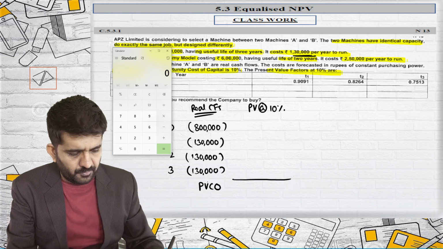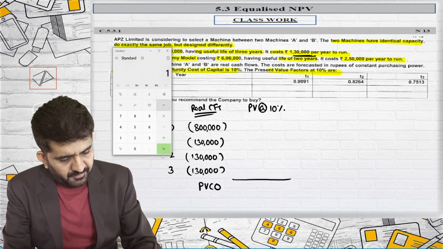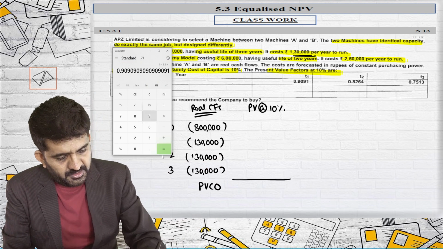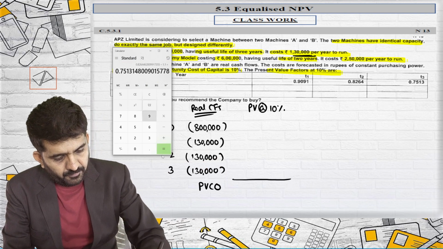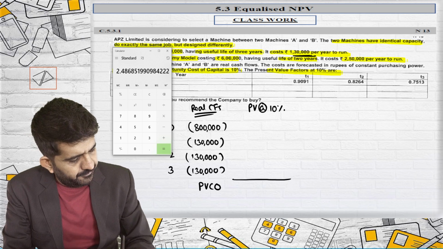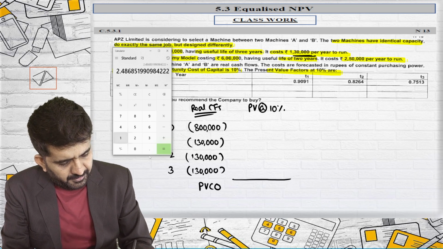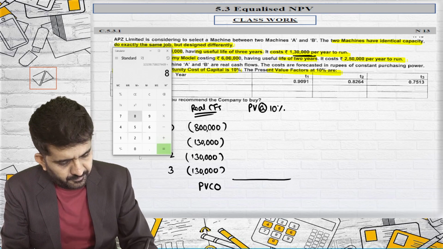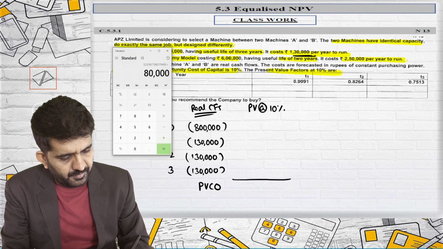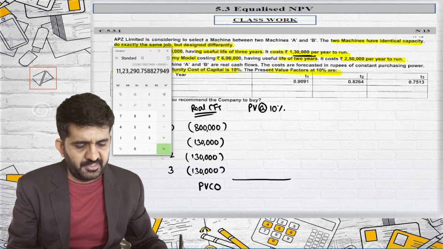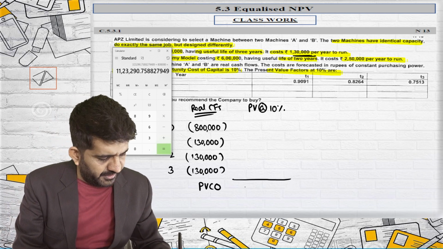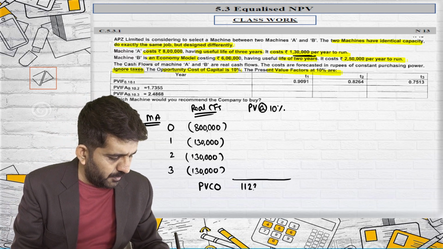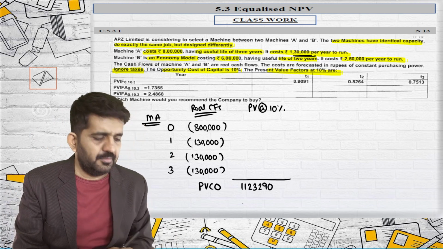Everything is outflow. So it is 1 divided by 1.1 is equal to, GT, multiplied by 1,30,000 plus 8 lakhs. It is 11,23,290.